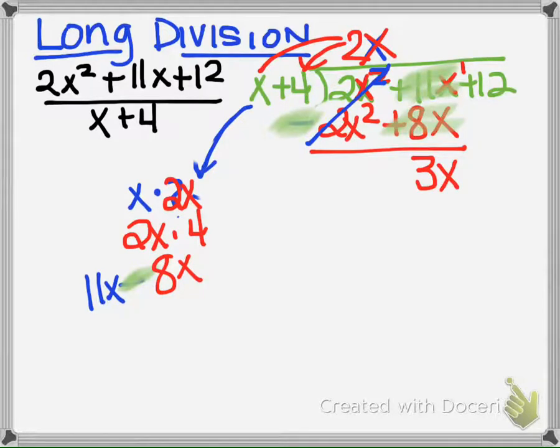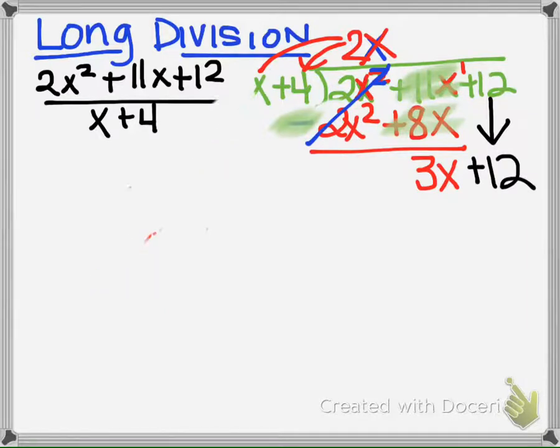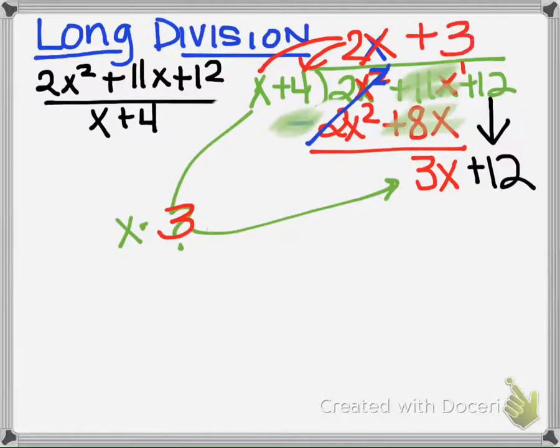Then after we subtract, we bring down the next number, which is positive 12. And the next thing we should be thinking about is x times what is 3x. So hopefully you're thinking 3. So that's how I know that this is going to be a positive 3 here.